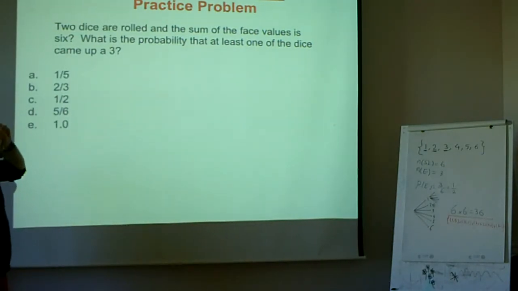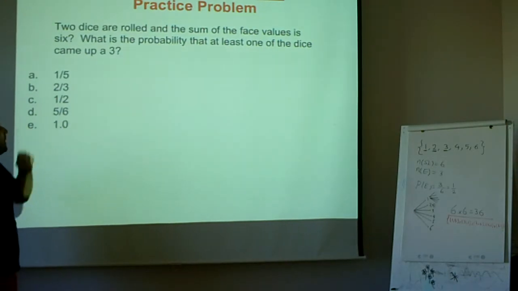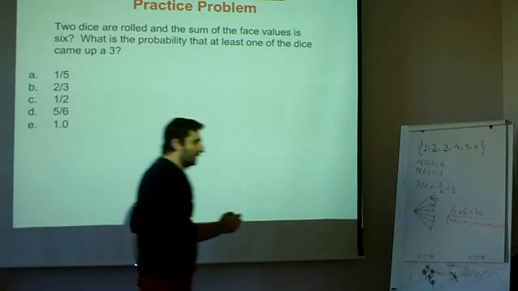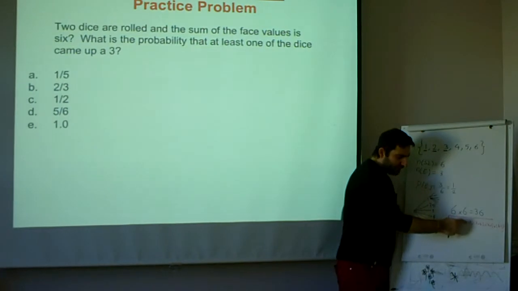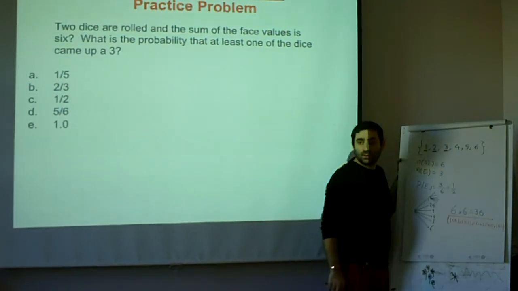The question says, what is the probability that at least one of the dice comes up 3? In other words, how many of these have the number 3? Only 1.